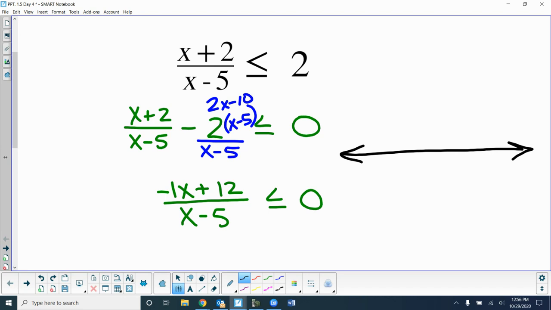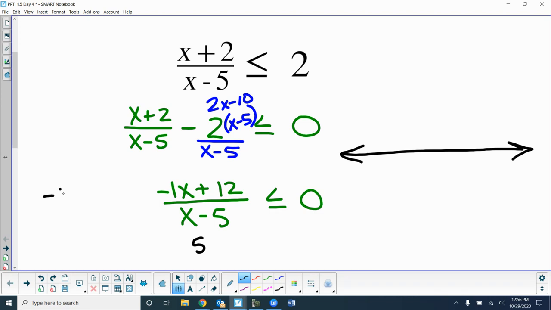So my graph is what makes the bottom 0 and the top 0. Those are my critical values, like the other day. So what makes the denominator 0? Positive 5, right? So what makes the numerator 0? Well, it's a negative 1 times what plus 12?